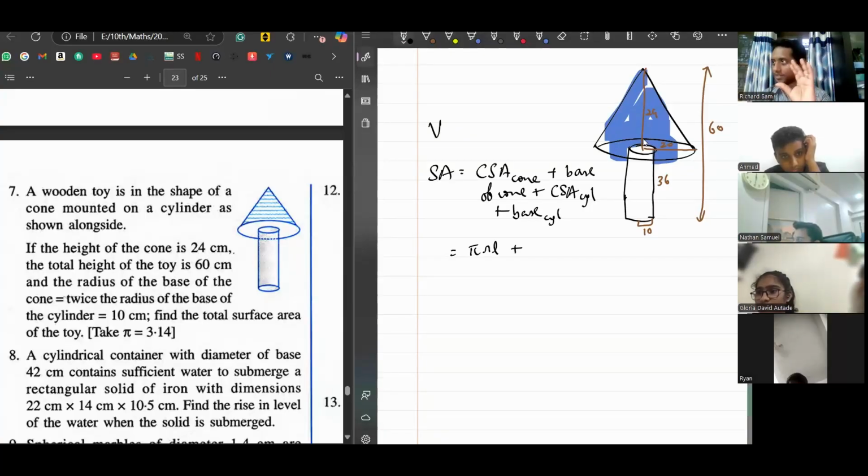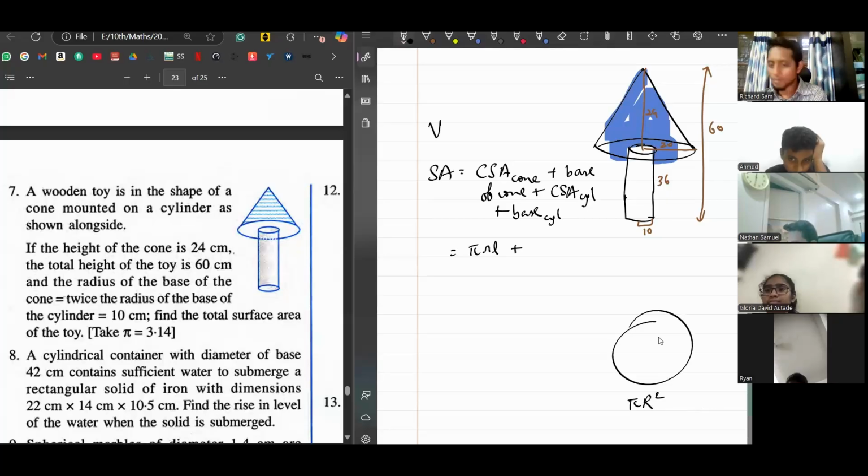That will be the area of that remaining base. If there's a full circle, the formula is pi r square, but now you take out a portion, so you have to subtract that area. So pi into R square minus r square. That is this donut.